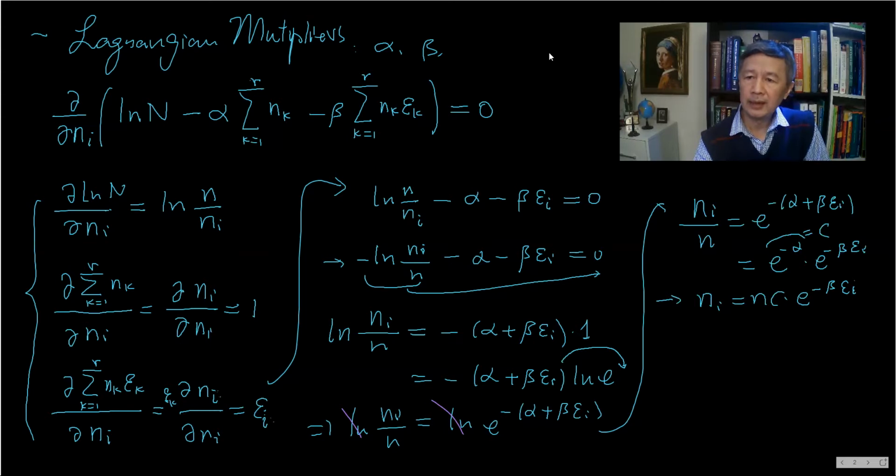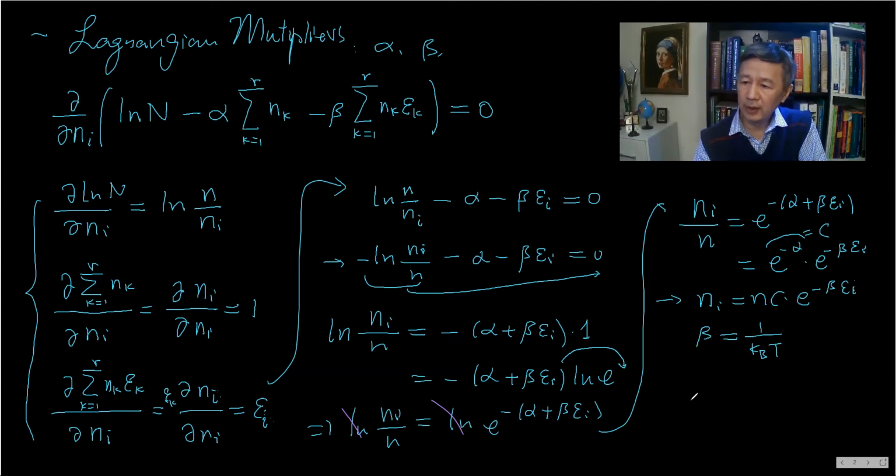Of course, if you know a little more background about thermodynamics, the beta factor here can be written as 1 over kB multiplied by T, where T is the absolute temperature and kB is the Boltzmann constant.